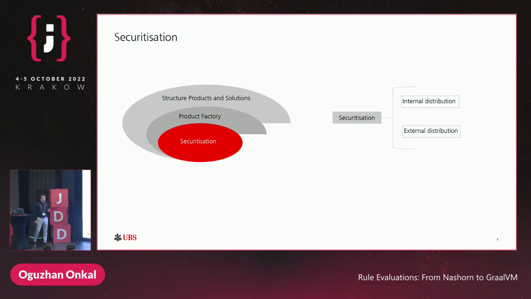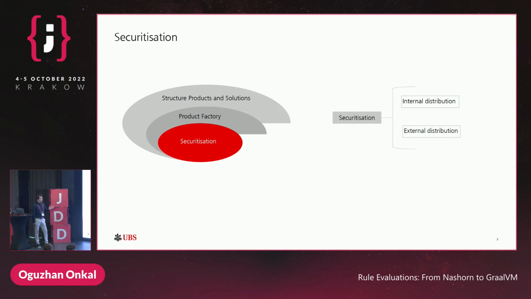Securitization is a public financial term, and you can Google it and you will find a broader definition. But in my context, this means distributing data to either internal services or external services.